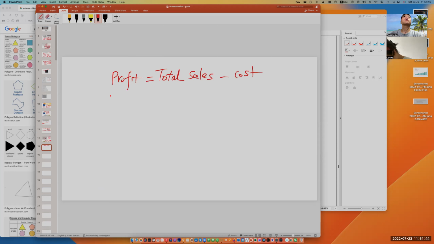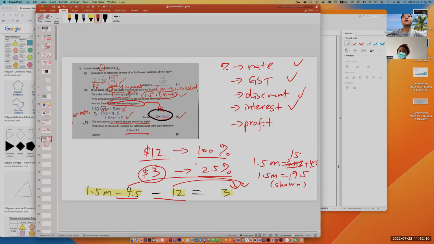Loss is also equal to total sales minus cost, but it will be negative. Very good. So next time you just follow these two formulas for profit or loss. When it comes to percentage, you just follow this. So we have covered profit or loss also.